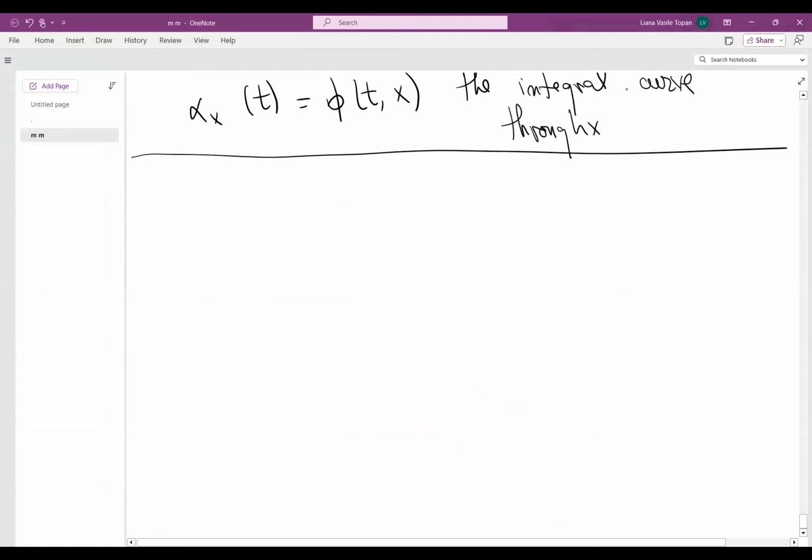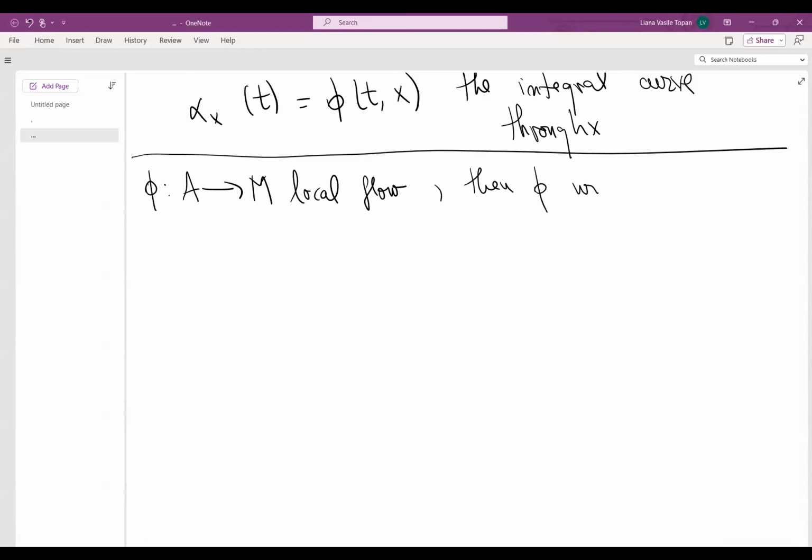So every local flow: if phi is a local flow, then phi will induce a vector field.